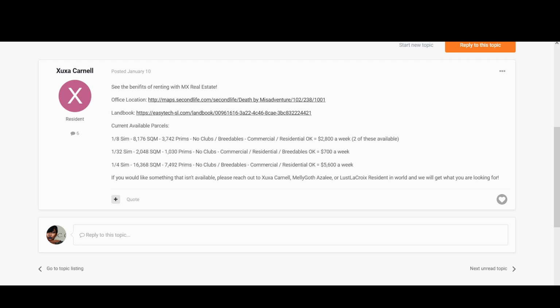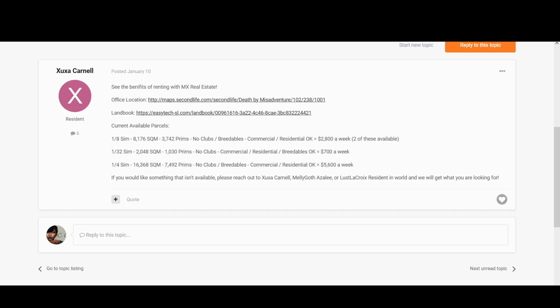Prices listed per parcel size. And if you are looking for something in particular, it looks like they'll work with you. That's kind of what you're looking for.